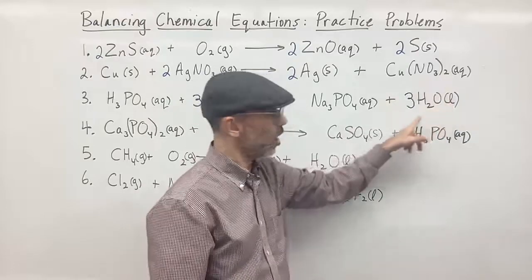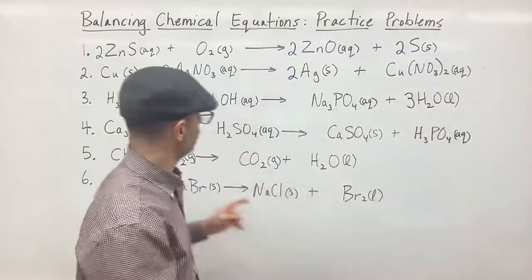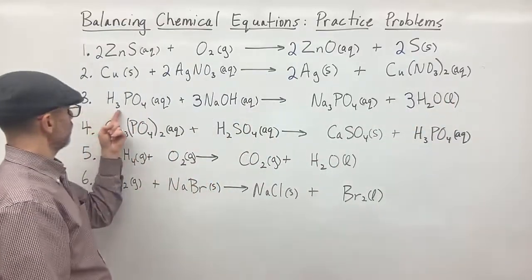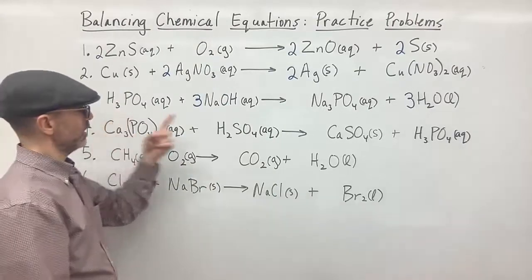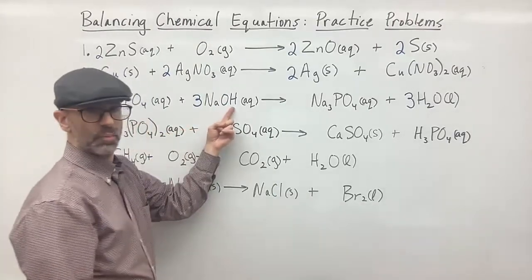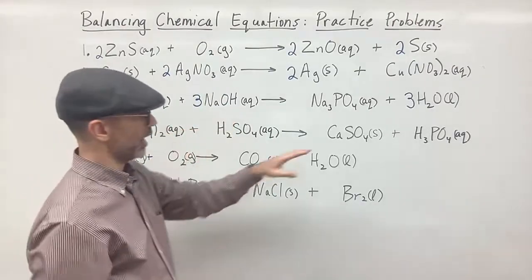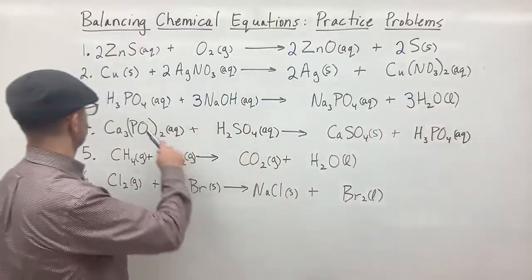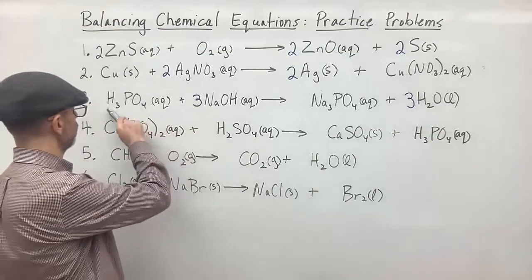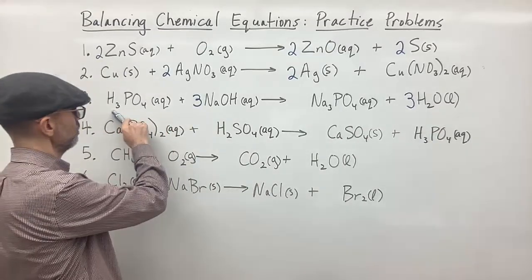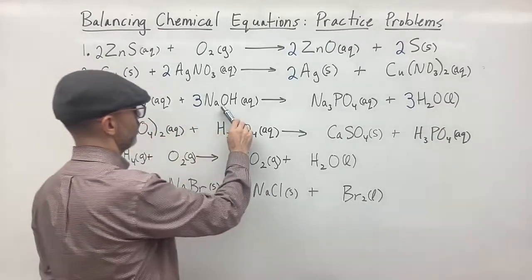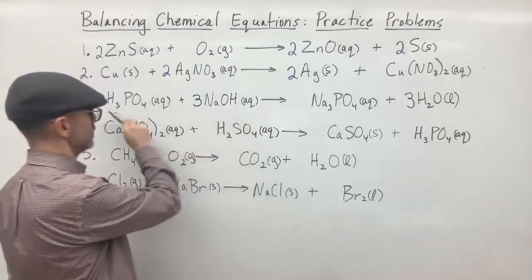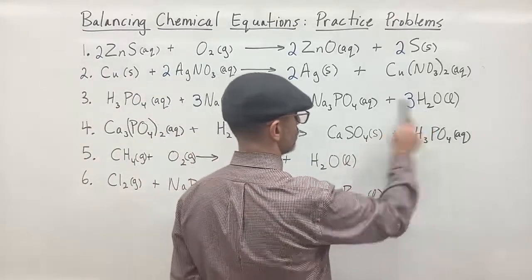And I have 3 waters here, which makes sense because the 3 hydrogen and the 3 OH both come together to form water, and I have 3 water molecules. But we could double check. So I have 3 hydrogens here, and I have 3 hydrogens here, so that's 6. 3 times 2 is 6.